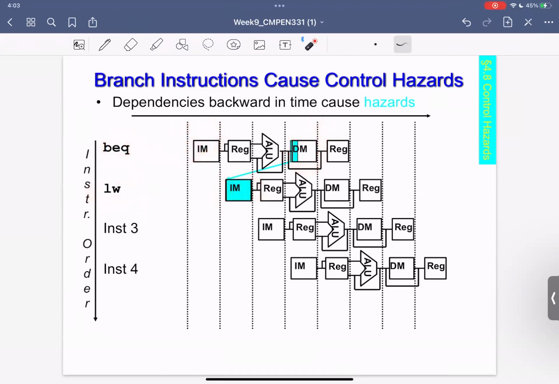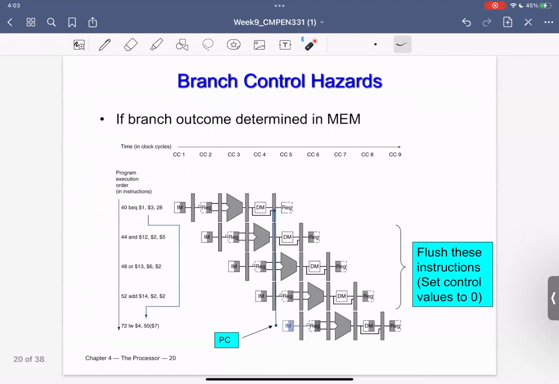Yes? So how many stalls do I need to do in this case? Let's check this example. Here it's telling you branch equal 1, 3, and then go to a certain address. As we mentioned, it will be available here. So after this stage, I know exactly what to fetch. From here forward, I know exactly what to fetch. If I fetch an instruction here, of course, this is wrong.